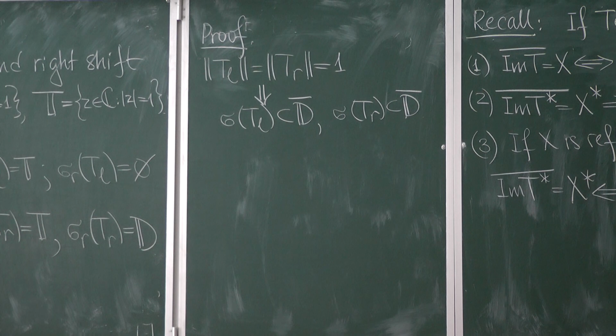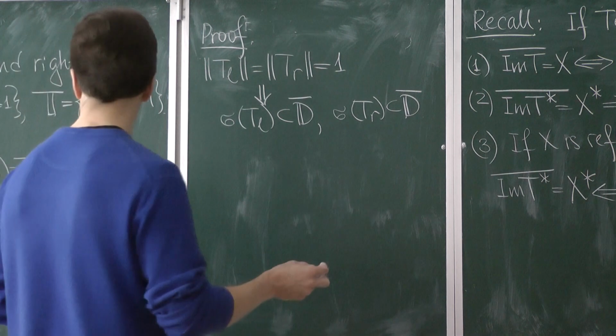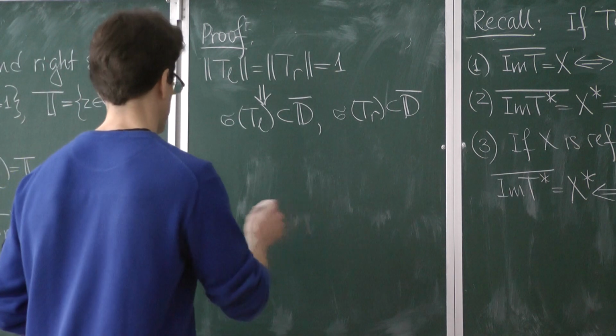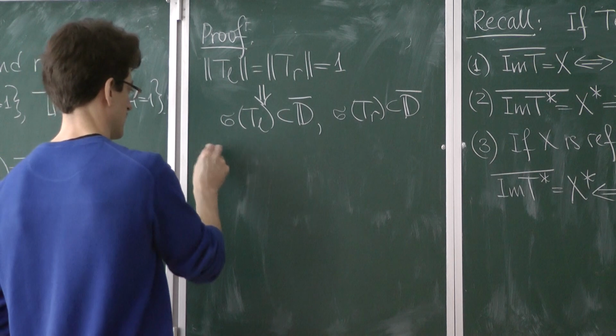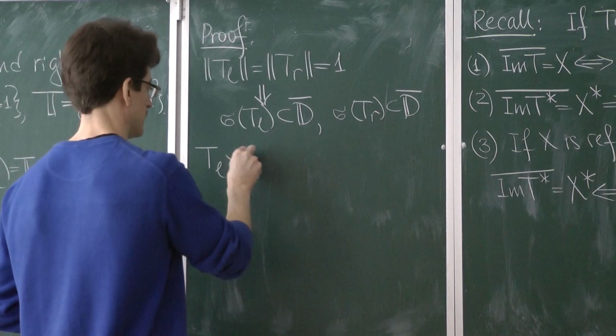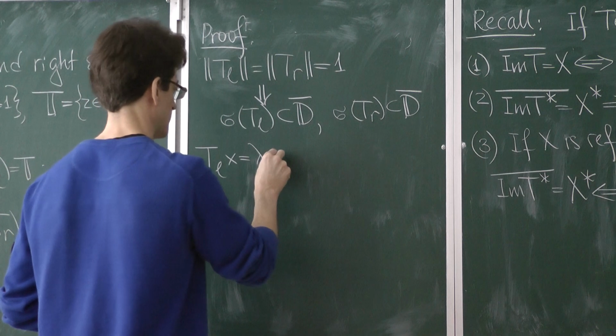The next step is to calculate explicitly the point spectrum of the left shift. In some sense, this is the initial first step. When you want to calculate the spectrum, the easiest part usually is to calculate the point spectrum, because this is the set of all eigenvalues. Let's look at the following equation: T_L of x equals lambda x.